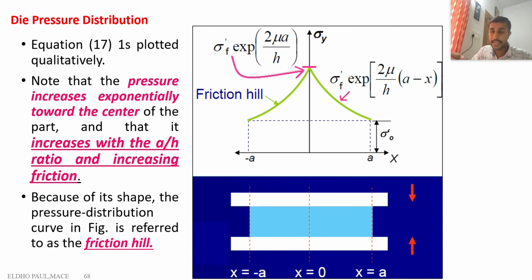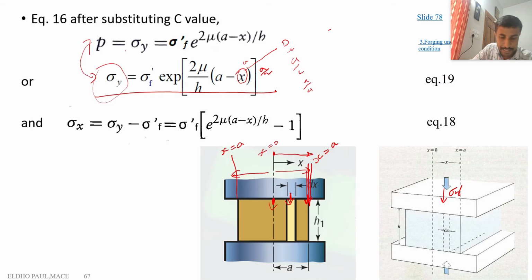Here this is the maximum sigma y value, and these are the minimum sigma y values. From the equation it is clear that when x equals a, a minus a equals 0. What is the value of e raised to 0?